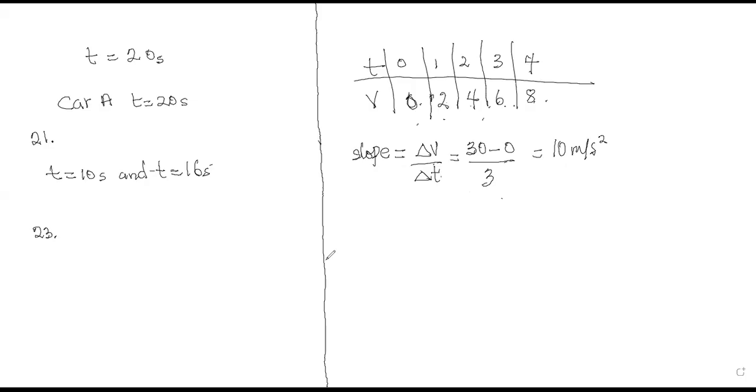Then the acceleration of D: the maximum speed is 30, the minimum speed is 10, divided by the same time interval 3. Therefore this is 20 over 3, which is 6.667 meters per second squared. So it is obvious object A has the greatest acceleration.